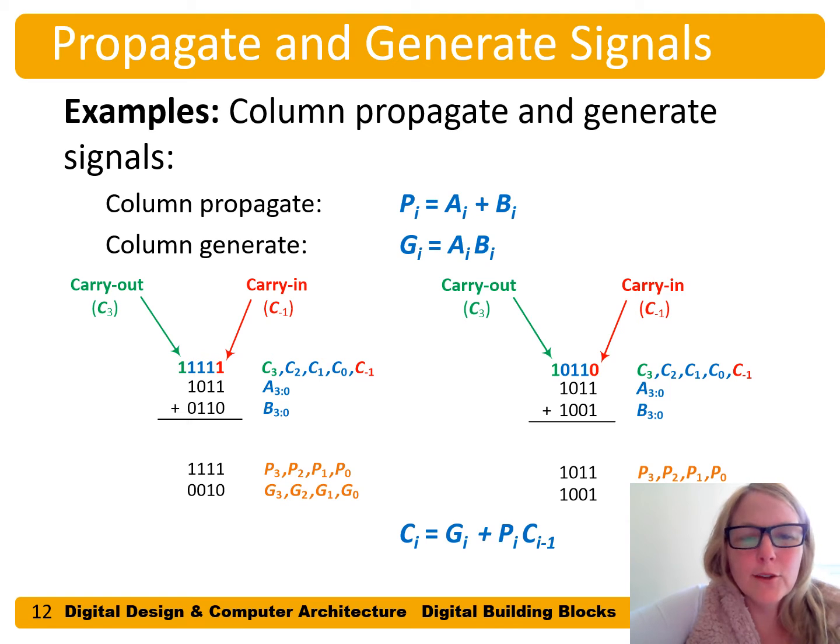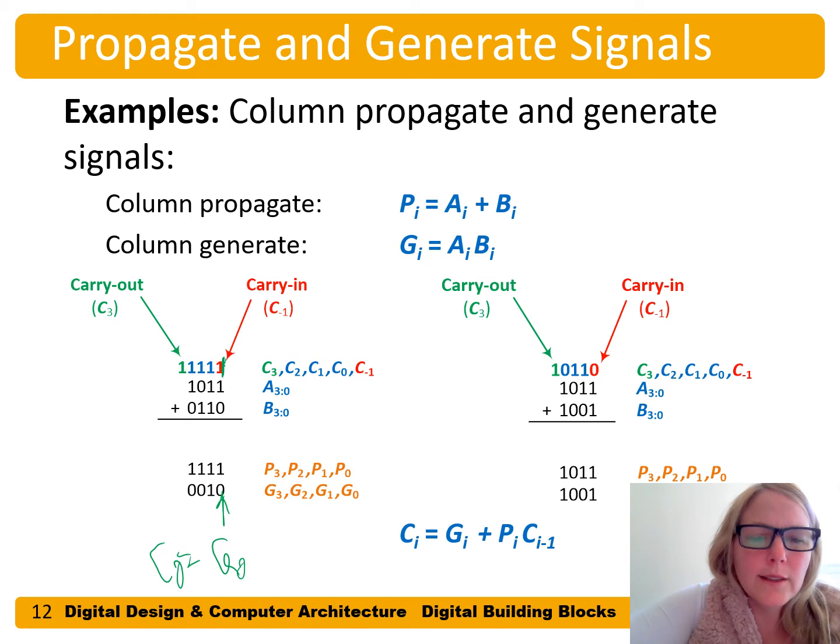Okay, you can look at the other examples to see, okay, let's see, this one had a carry in. And so we had G sub 0, C out, column 0, C0, is G sub 0, well, that's 0. Or P sub 0, yep, that's 1. And C sub minus 1, yep, we had a carry in this case.